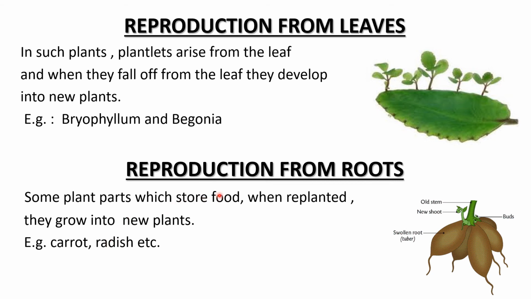So when we plant these stored parts in the soil, they develop into a new plant. We can do this practically also, which we will be discussing later on. So you can see how reproduction can be done from stem, leaf, and roots.